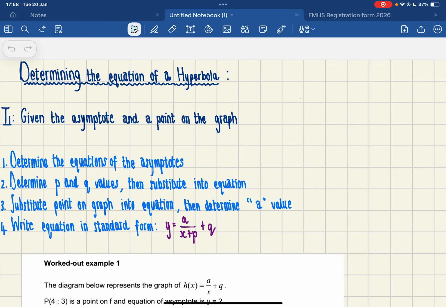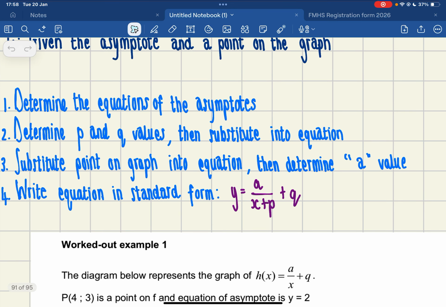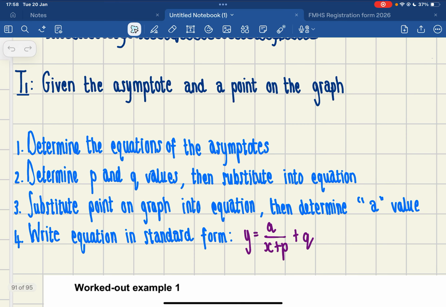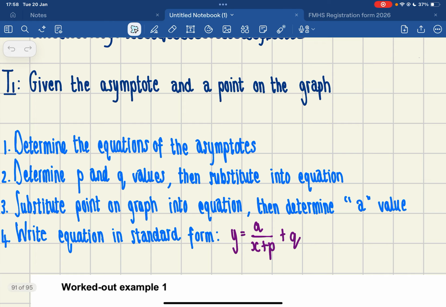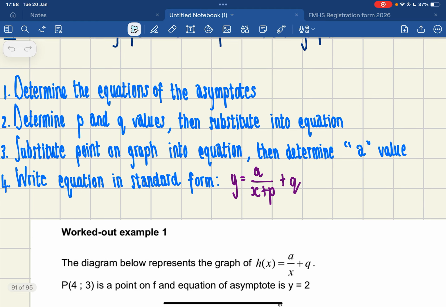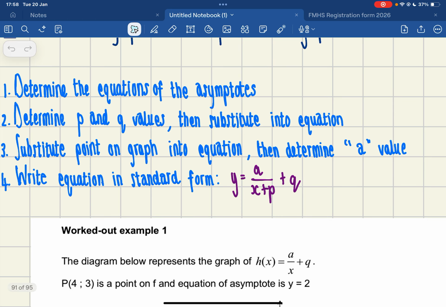So the first thing you're going to do, boys and girls, as I've written here, is determine the equation of the asymptotes. So x is equal to negative p, as well as y is equal to q. From there, you're going to determine the p value as well as the q value and substitute them into the equation. Now, it is very important to remember that the p value changes.